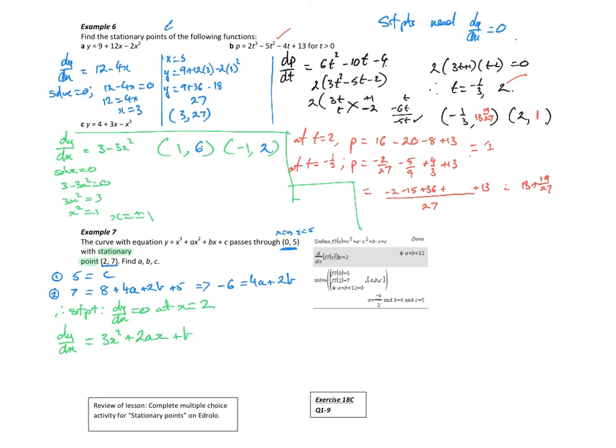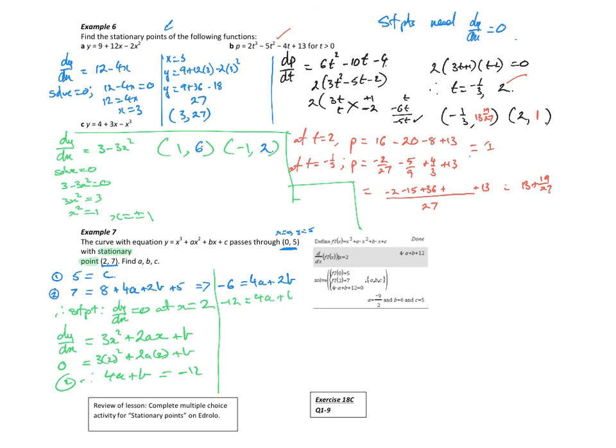And at x equal to 2, the answer should be 0. So I'll get 0 is equal to 3 times 2 squared plus 2a times 2 plus b. So I'll get 4a plus b is equal to, 2 squared is 4, 4 threes is 12, negative 12. So there's my second equation. So let's put over here, negative 12 is equal to 4a plus b.